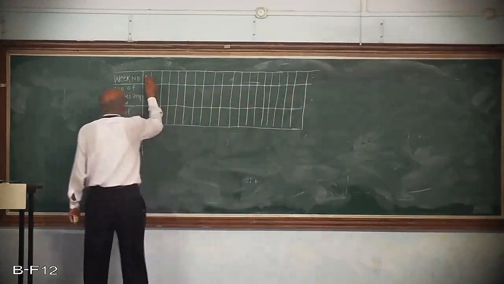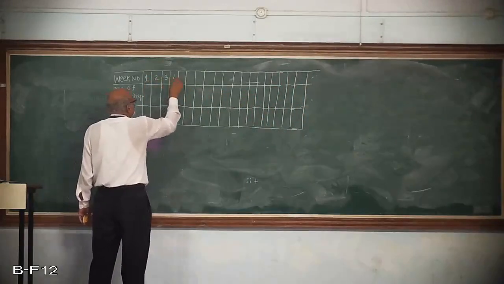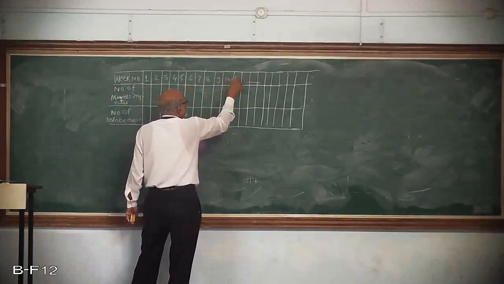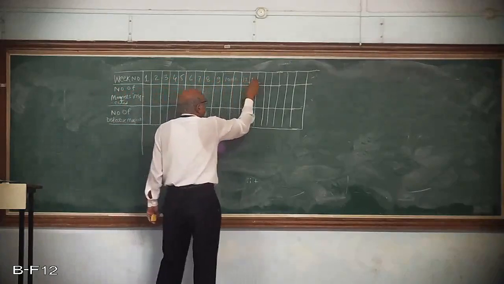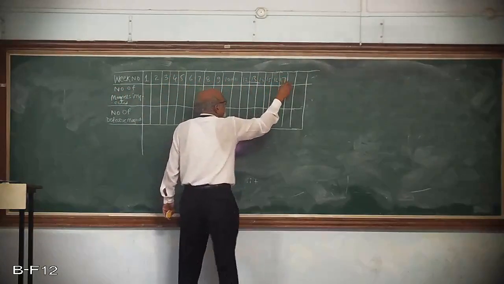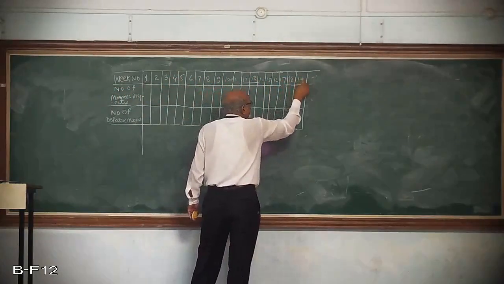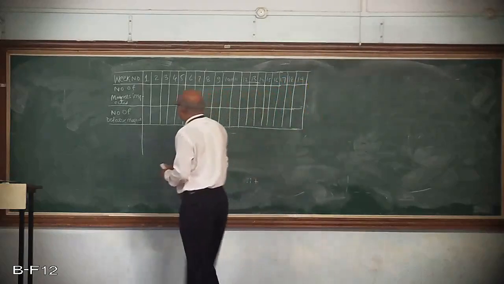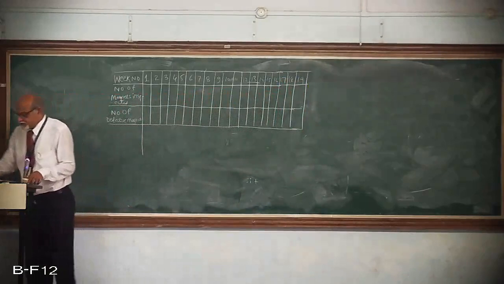Week number 1, 2, 3, 4, 5, 6, 7, 8, 9, 10, 11, 12, 13, 14, 15, 16, 17, 18, and 19. 19 weeks. First, the number of magnets inspected.